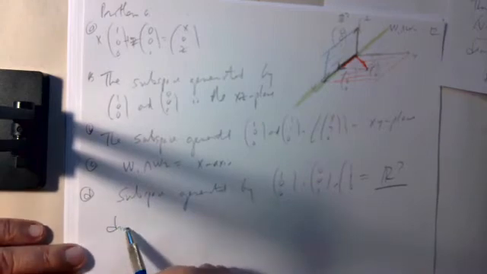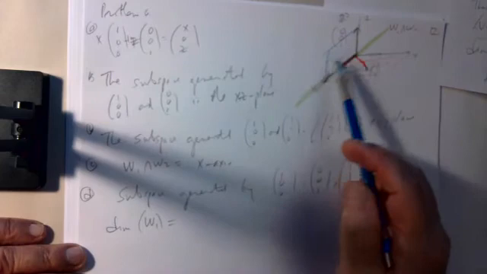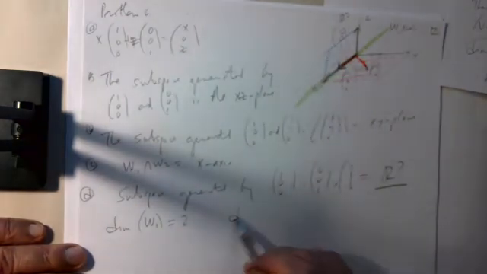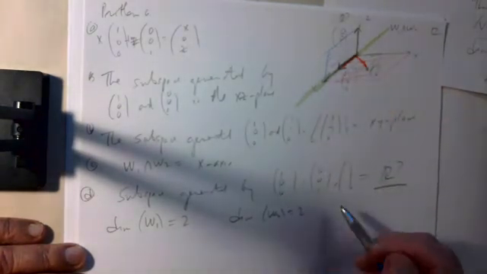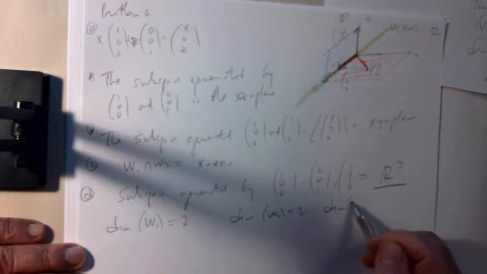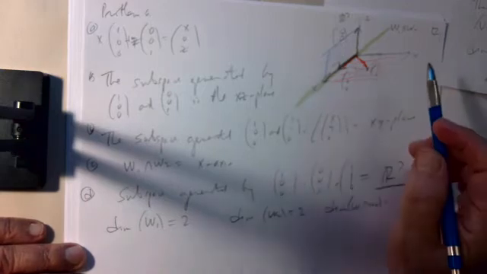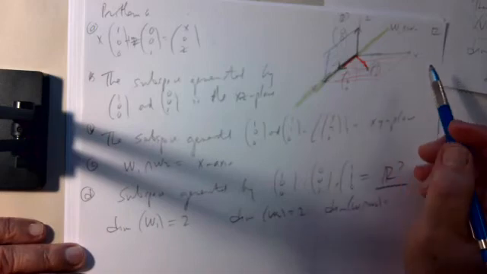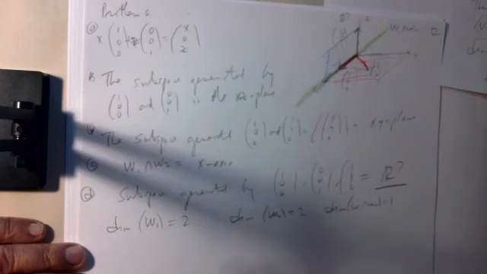So the dimension of W1, that's the dimension of the XZ plane, is 2. The dimension of W2, that's the XY plane, that's 2. The dimension of W1 intersect W2 is the dimension of the line, which is 1.